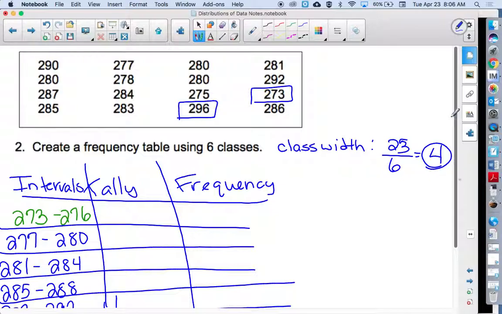So then we have 280, 287, 285. So you're just putting little tick marks into the class that the number falls in. So I did the first column. So then go to the second column and do the same thing. So start at 277, put a little tick mark where 277 belongs.